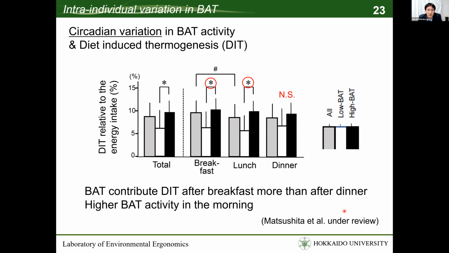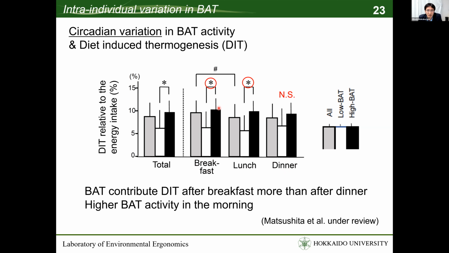Additionally, they also focused on the circadian variation in diet-induced thermogenesis, DIT. This figure shows diet-induced thermogenesis relative to the energy intake after the same amount of breakfast, lunch, and dinner in low and high BAT group.